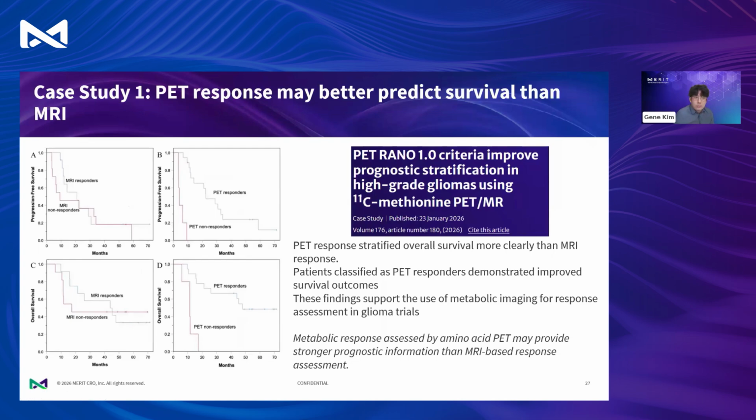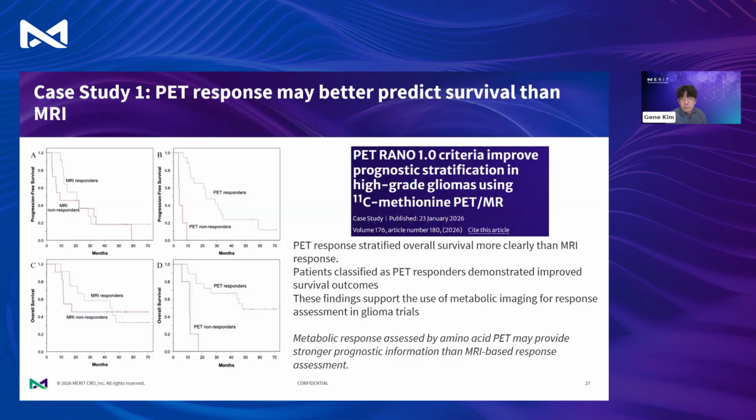So here we have a few case studies that we wanted to feature. The first case study examines 11C methionine PET MR in patients with high-grade glioma, comparing PET-based and MRI-based response classification in the same cohort. The central finding was that PET-based response classification stratified overall survival more clearly than MRI-based response.